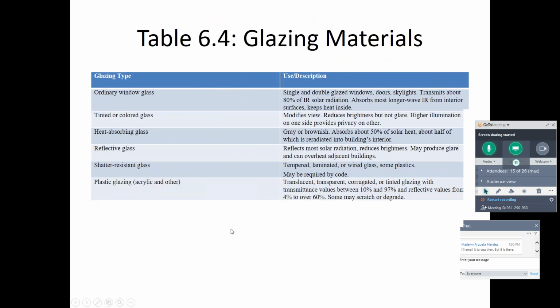Hey, I have a quick question. Sure. Is glazing a general term for windows, or is it something you put on a window? No, yeah, it's a general term for windows. But the glazing sometimes has multiple pieces to it. So it can be a chamber or it could be an individual piece of glass. Does that make sense?